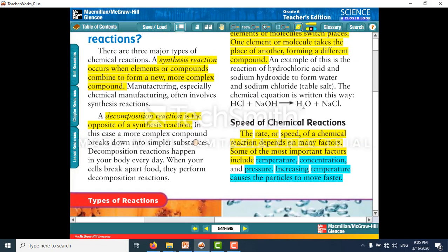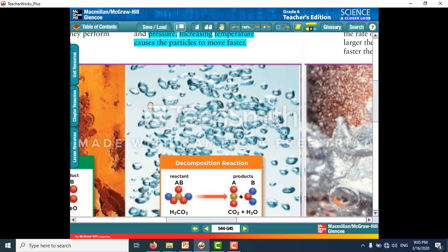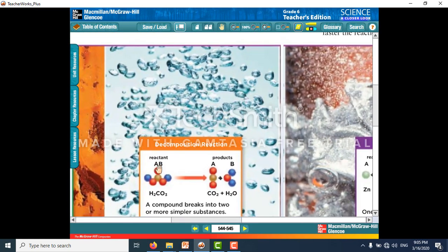Number 2. Decomposition reaction. Decomposition reaction is the opposite of a synthesis reaction. In this case, a more complex compound breaks down into simpler substances. Okay, look at here. We have here reactant, our compound here AB or H2CO3.